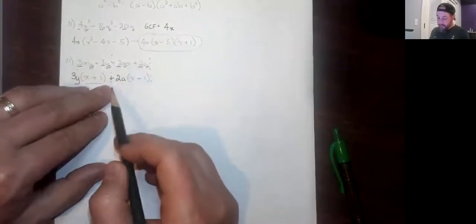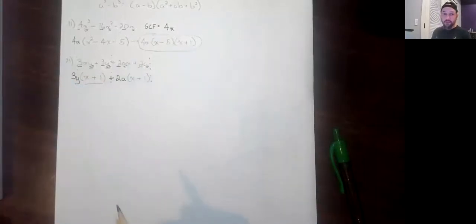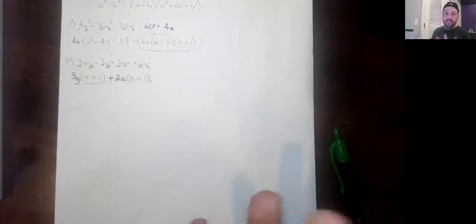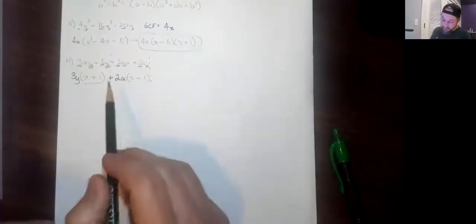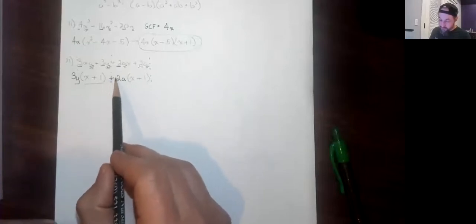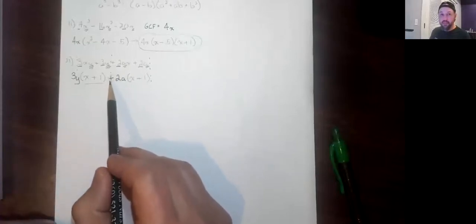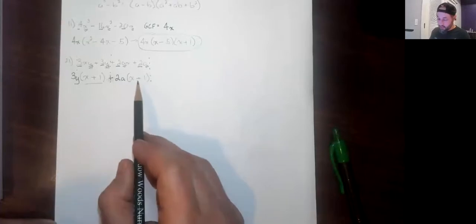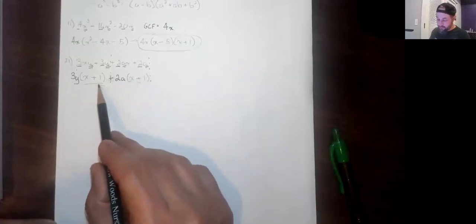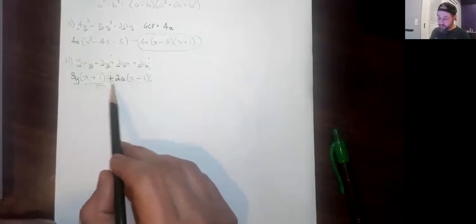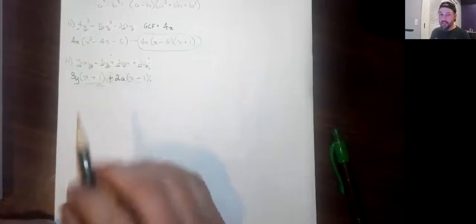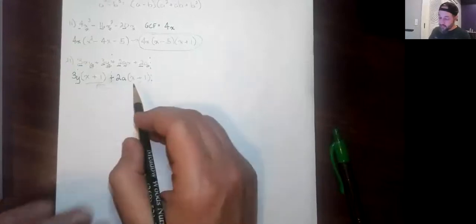Now let's say we had a negative here and I pulled out a negative and I needed to change it. I could go back and just change this term here. This is the one that we can manipulate. You can make that whatever you want it. You need to make this match this. So whatever you need to do to this term to make it match is how you solve these grouping problems.